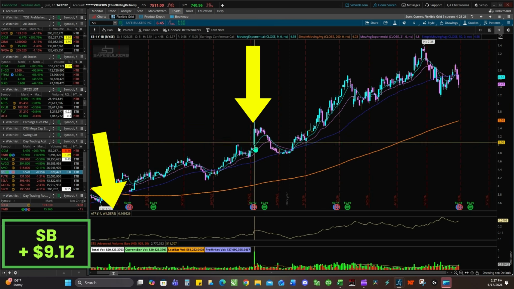So about a 50-cent move. Well, if you hover over that and then look right here, it's telling me that on that day, the average range that the stock would move fully in a full day is about 16 cents, 17 cents. So that moved quite a bit.